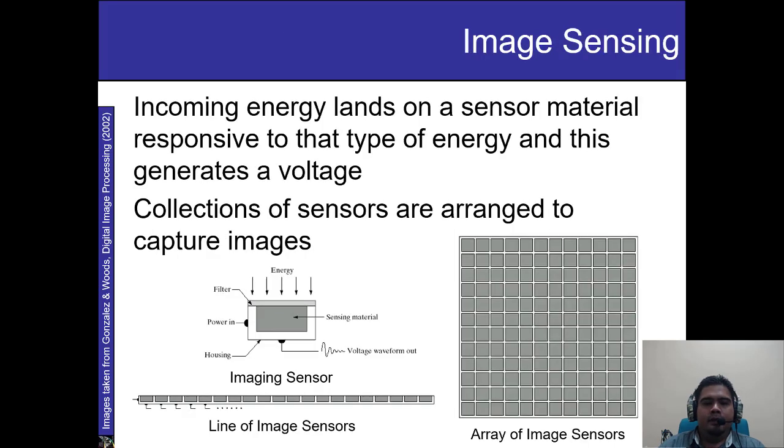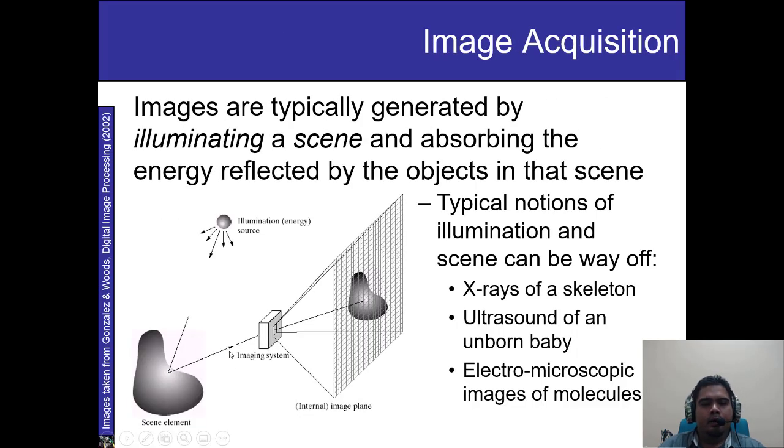Now, inside the imaging system, before you produce the digital image, two things happen. One is called sampling, another one is called quantization. I believe that you have been exposed to these two terms in your previous course.